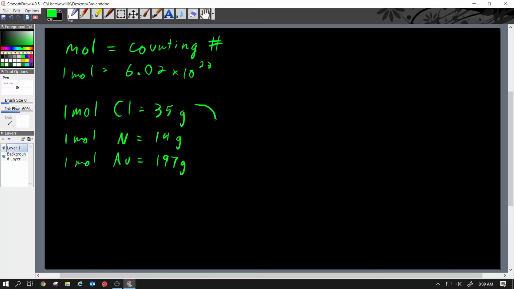Now here's what I want you guys to remember. 1 mole of chlorine is 35 grams, 1 mole of nitrogen is 14 grams, 1 mole of gold is 197 grams, but all of those contain 6.02 times 10 to the 23rd atoms or particles.